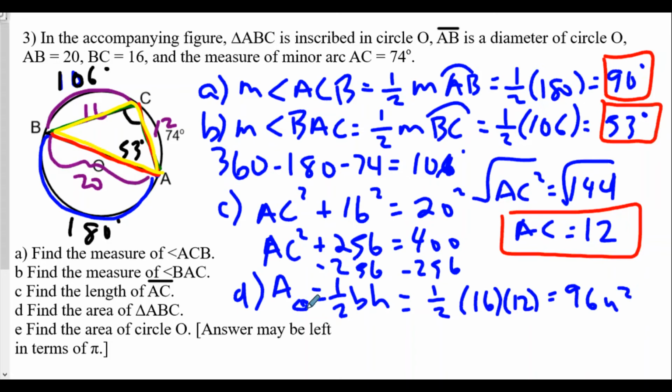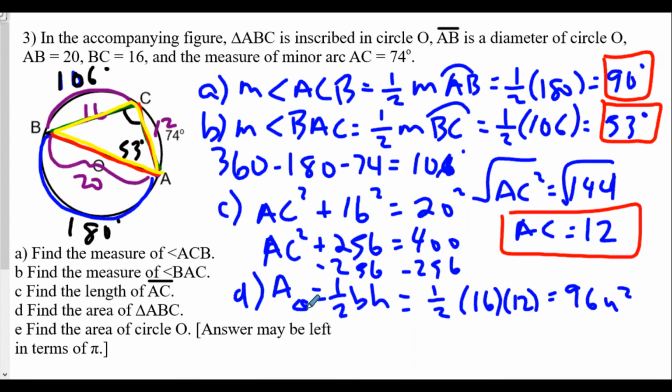Now, if you did try using the area of a triangle formula with sine, it would round up to 96, because the sine of 53 is maybe not so perfect as far as answers go. So this method works out great.